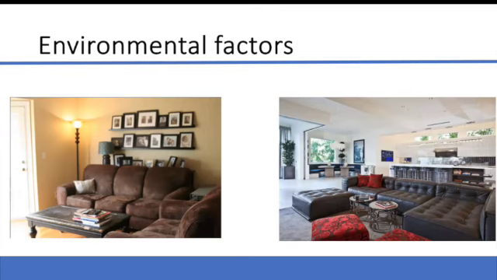Okay, so your environment does communicate a lot about your station in life, your values, the pictures you put up, the objects. Some people put up lots of pictures of their family. Some people put up abstract art, some people put up posters, and so on. There are so many different ways that we can express ourselves, and we are telling people about our identities in the way that we set up our space.